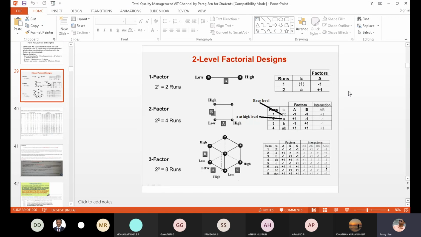I will show you one example. Apart from the three levels, there are some higher levels like four levels or five levels. Those kinds of designs are also considered, but very rare, very rare in fact.